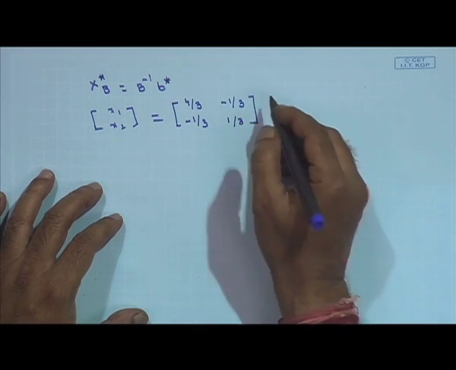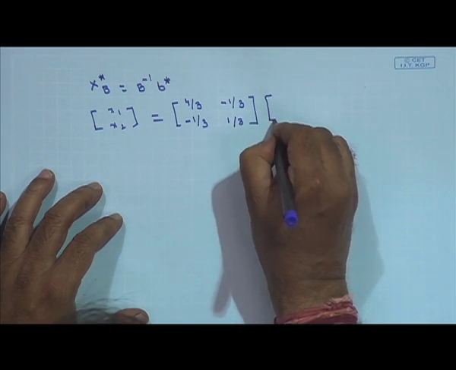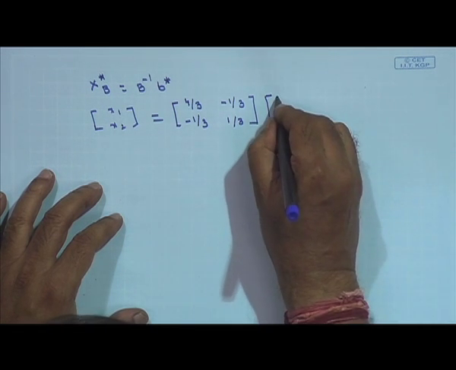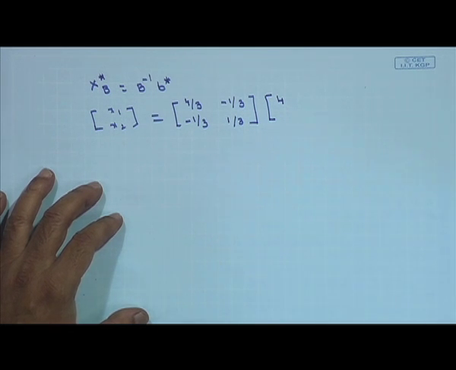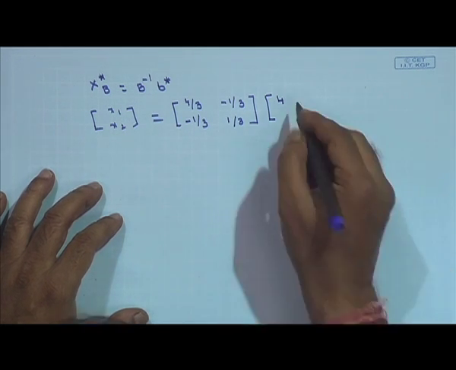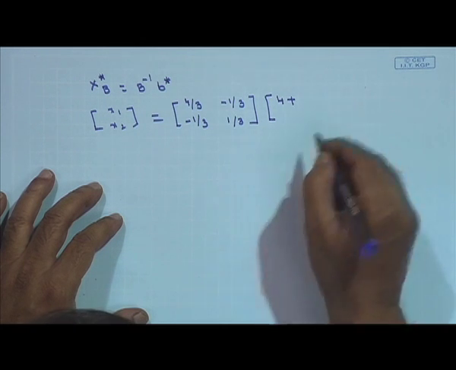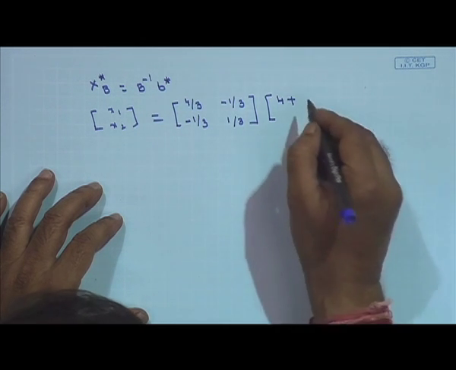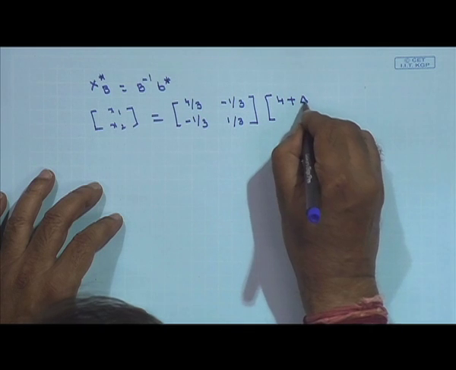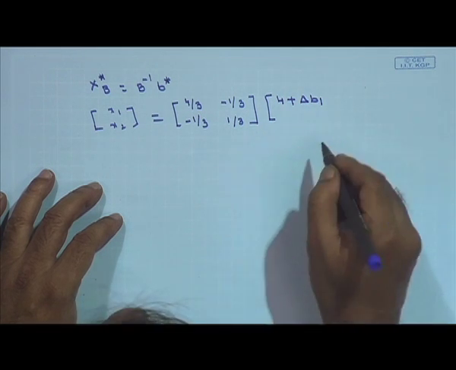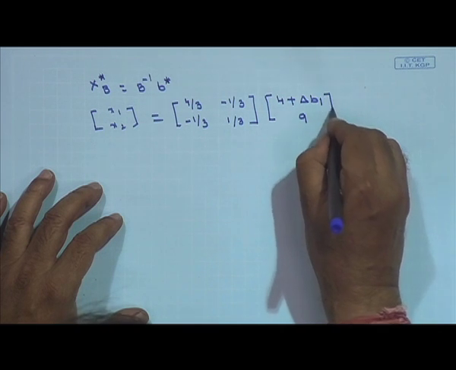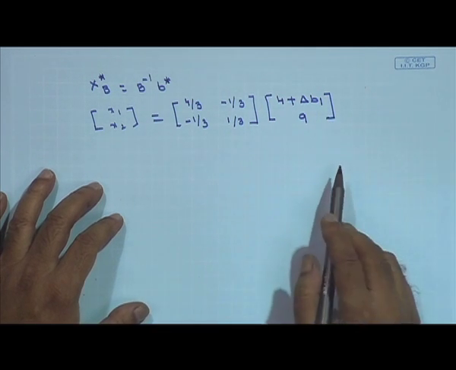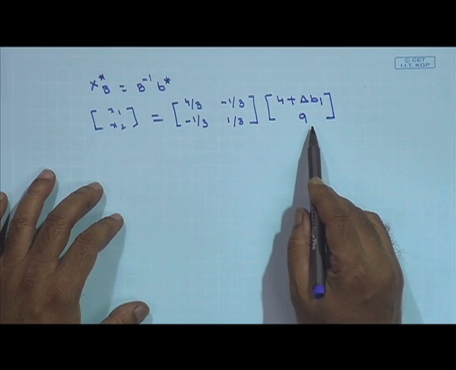And your B value will be increased: this is 4, and this one will be 4 plus delta B 1, and this one will come as 9. So, this is your B inverse into B star.